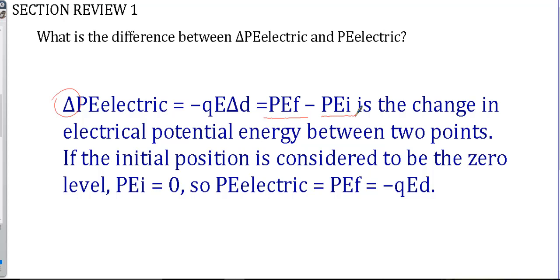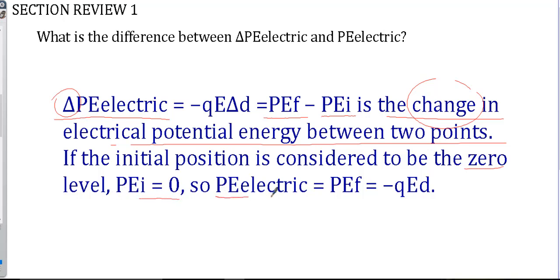So delta PE, delta potential energy, is the change of potential energy between 2 points. When we say delta, it is the change between 2 points. But when we say just potential energy, for example, its initial position we can assume as 0. So initial potential energy can be 0.